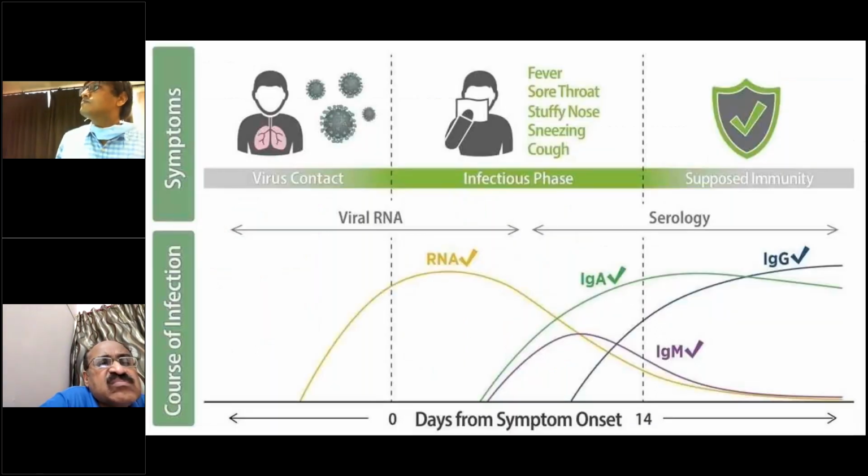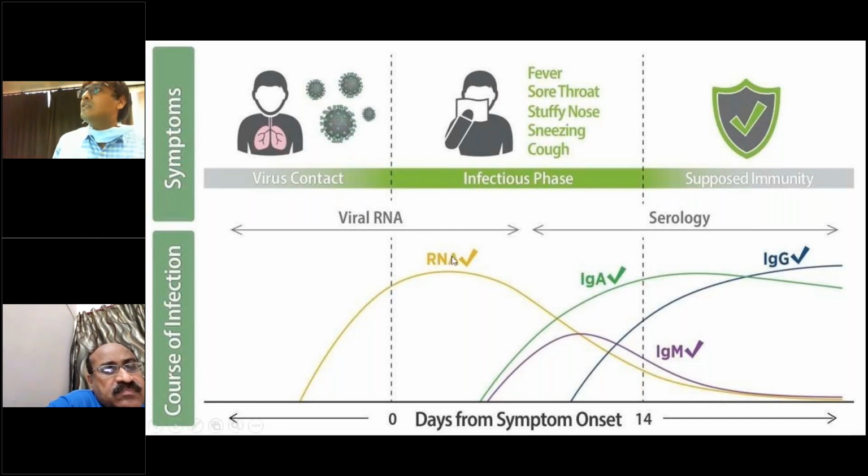Now the course of the infection can be divided into three major parts. The first is the incubatory phase, when the virus comes in contact with the human and multiplies in the human body. Then there is the infectious phase, the most dynamic phase, in which the person shows symptoms like fever, sore throat, stuffy nose, sneezing and coughing.